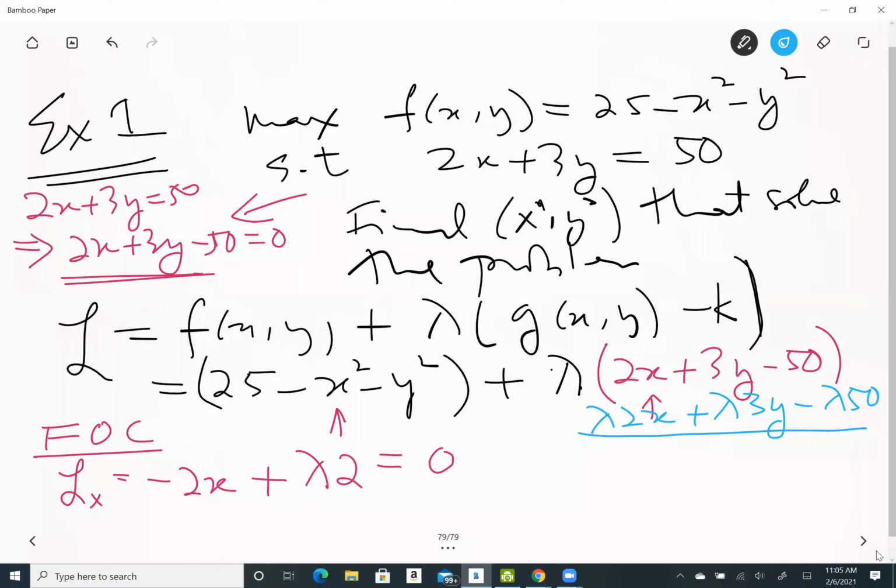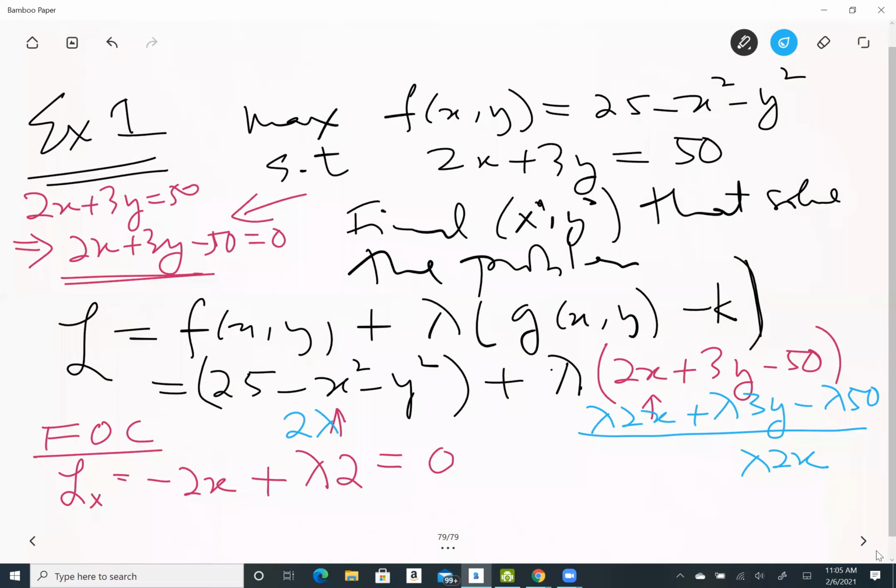Okay, so if you look here, you have lambda 2x. Differentiate with respect to x. What do I get? I get lambda times 2. So lambda 2, or you can put 2 lambda. Is that okay too? Yes, lambda 2 or 2 lambda. But I maintain lambda 2 because I want to be consistent with the rule, with the formula. But you can write 2 lambda. That's fine.